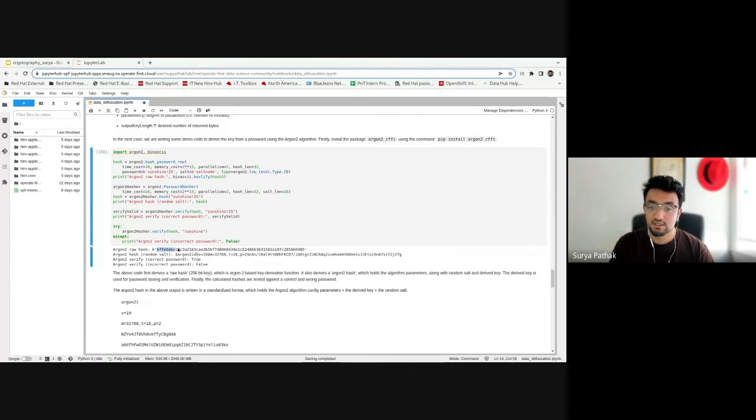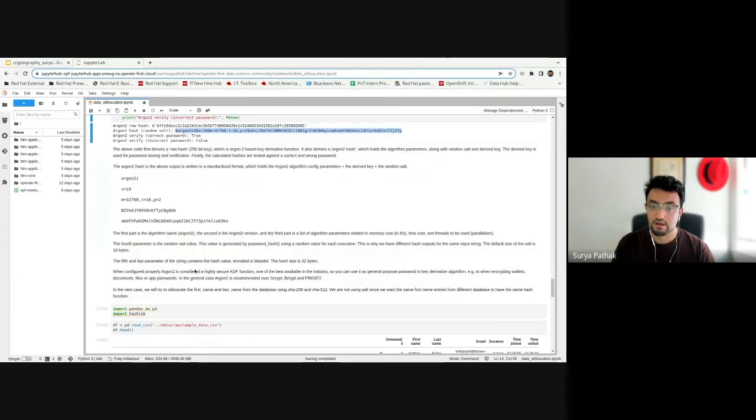suppose this is the hash value of the word, and this is the hash value containing all the encryption keys. So we have something like two-factor authentication techniques. So Argon2 is, I think, the best hashing technique that is used so far.